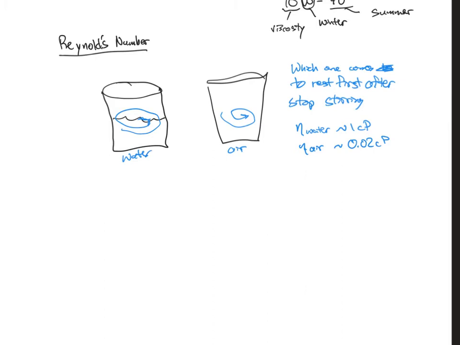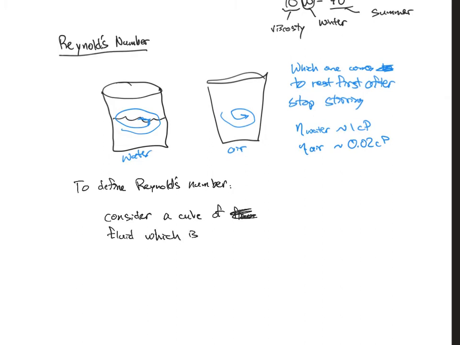And so to define the Reynolds number, we consider a cube of fluid which is part of a flow in a pipe. So here's our cube.